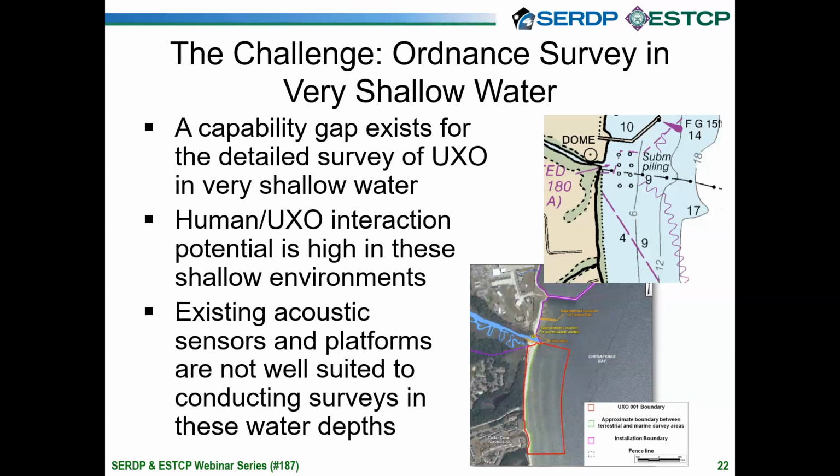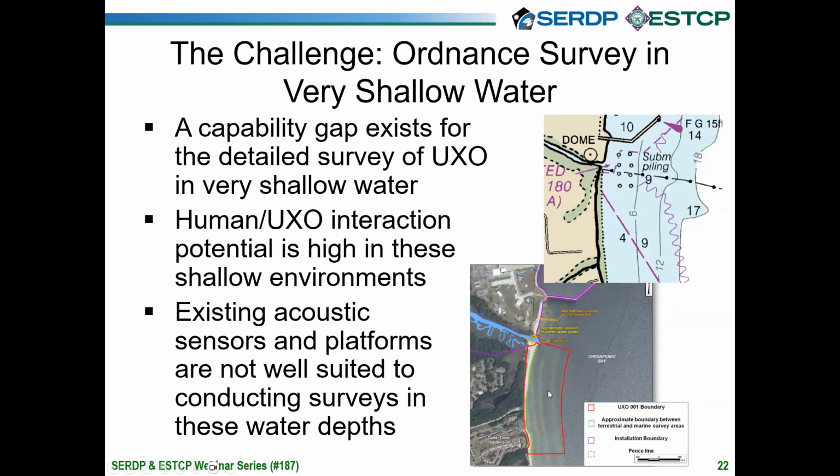The other reason that these water depths are quite important is that these are the water depths where we're most likely to have human UXO interaction, right? So here, in this diagram shown below, this is in the Chesapeake Bay, and we're showing a potential UXO boundary shown in red. So this is a region that might need to be surveyed for UXO.